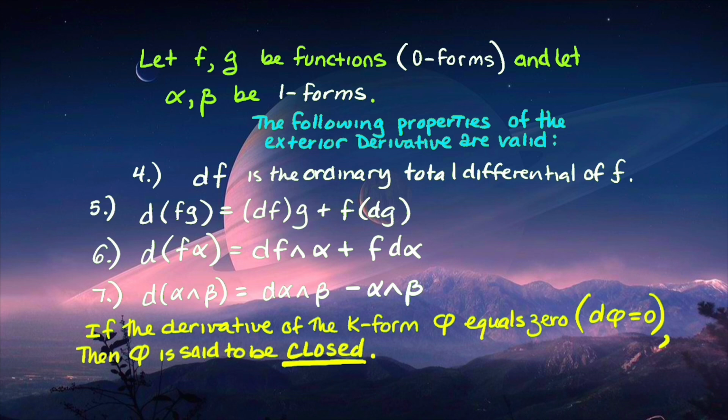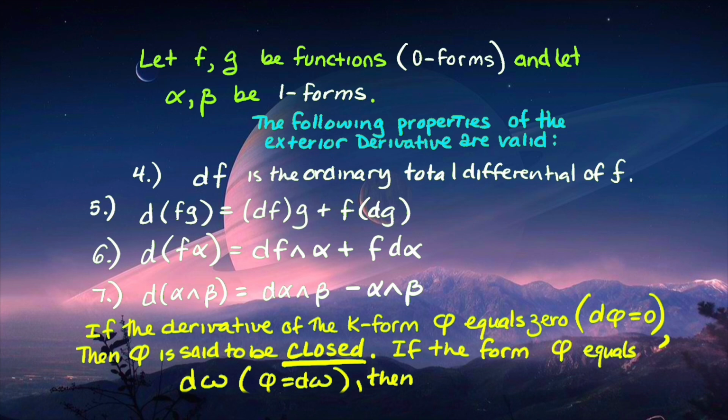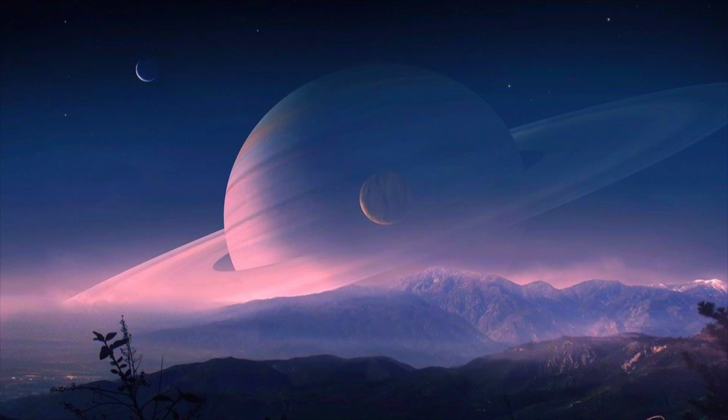If the derivative of a k form phi equals 0, then phi is said to be closed, and if the form phi equals the exterior derivative of an omega, then phi is said to be exact.